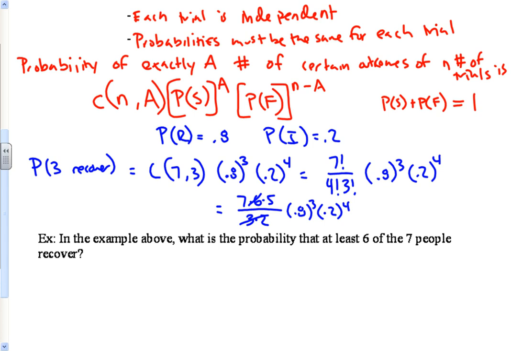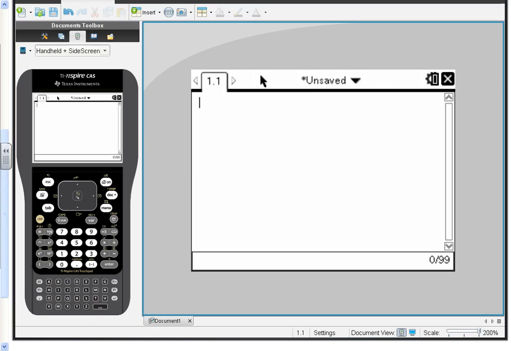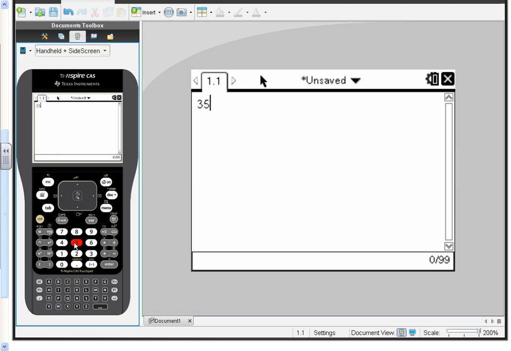And so that is the point where we have an answer that is calculator ready: 35 times 0.8 to the 3rd times 0.2 to the 4th. So I get myself a calculator, and I've got 35 times, parentheses, 0.8 to the power of 3, times 0.2 to the power of 4.